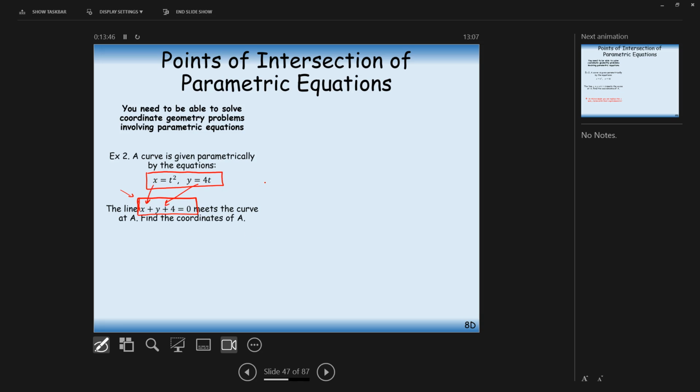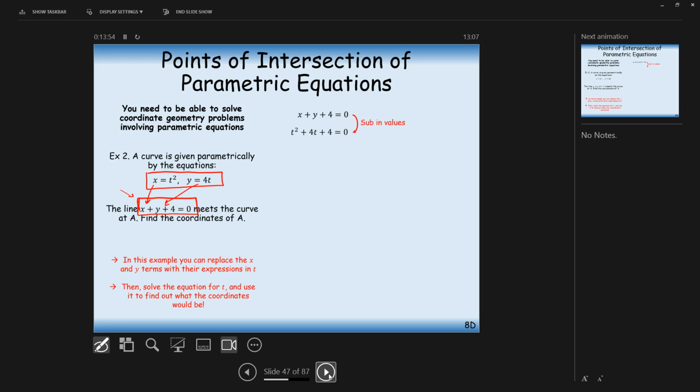And what you notice is that we will actually have an equation defined in terms of t that looks like a quadratic equation, which we can factorize and solve or complete the square. Either way, we will have two answers.